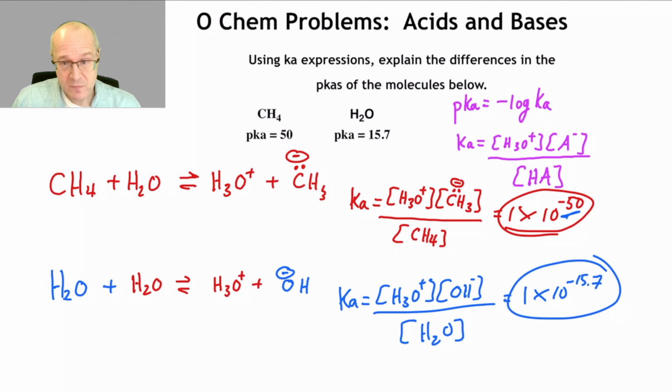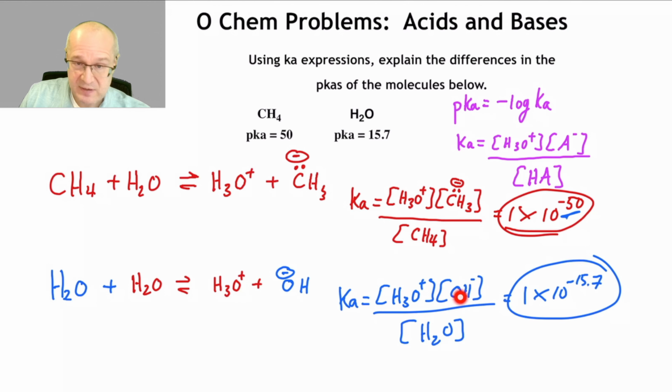And this number must be much smaller than that number. That means something. What can we discern from this? Well, we can discern that the concentration of hydroxide in water must be a lot higher than the concentration of methyl anion in water. That tells me that this anion must be significantly more stable than that anion.